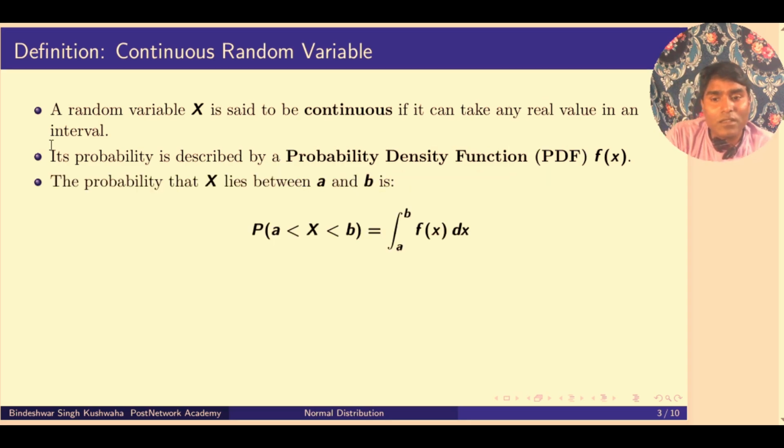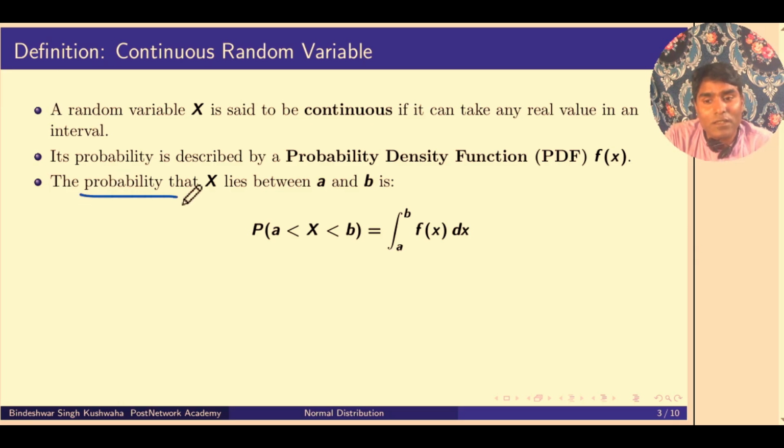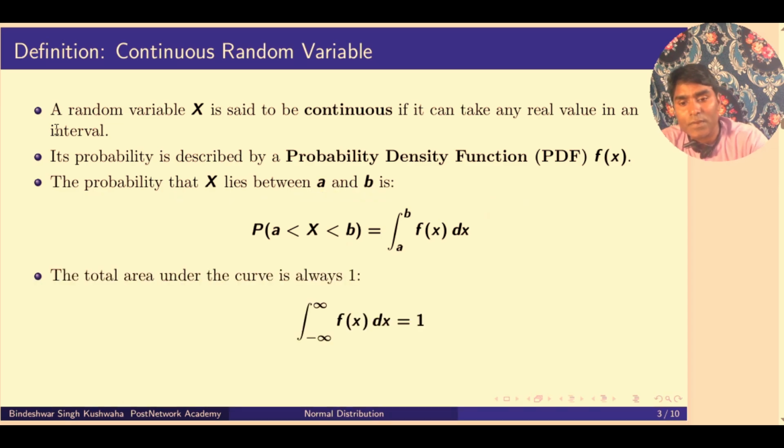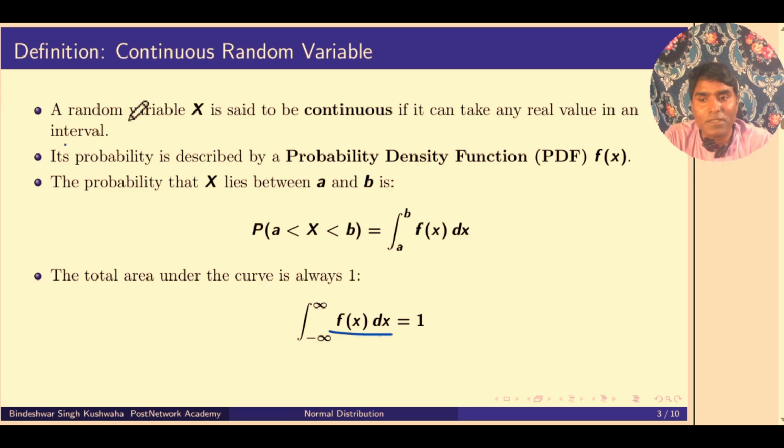And we will know that probability that x lies between a and b would be the integration from a to b. For a discrete case we were using summation, but for the continuous case we will use integration. And the total area under the curve will always be 1, because this would be the sum of all probabilities.